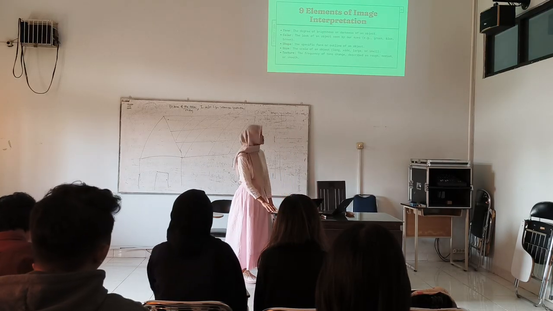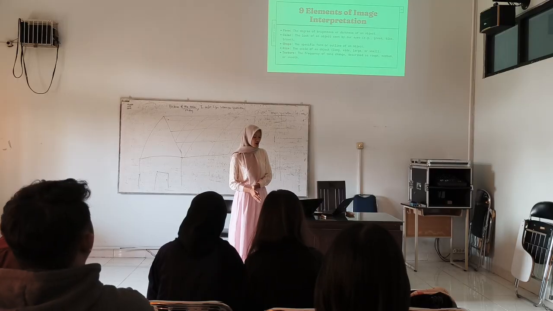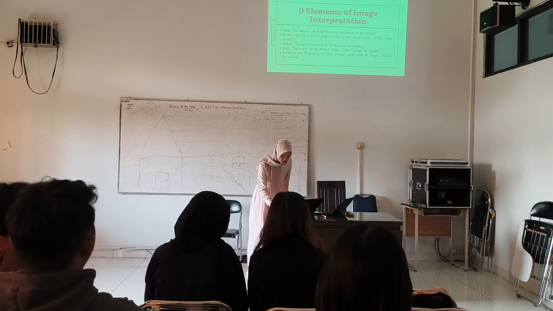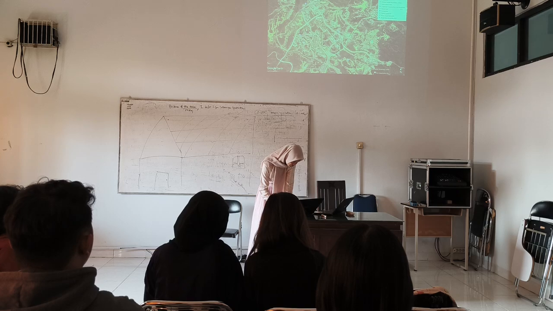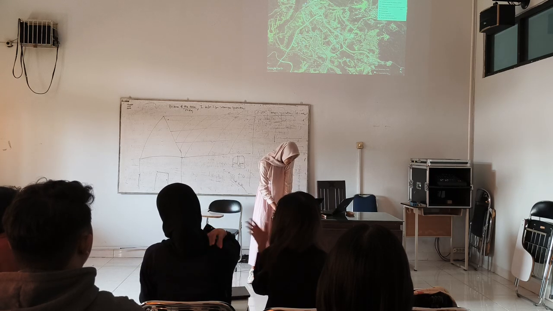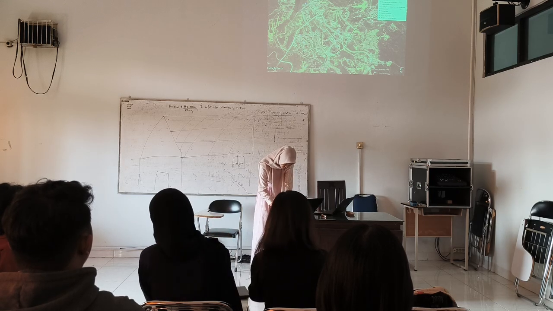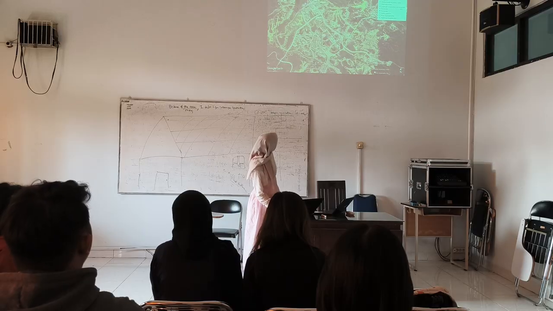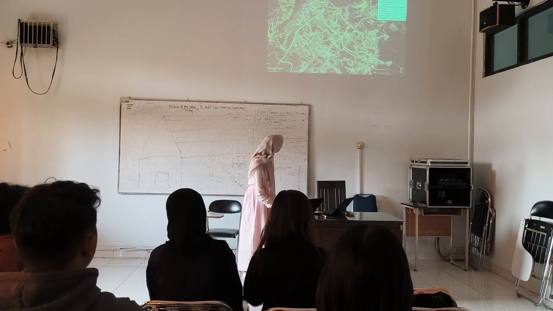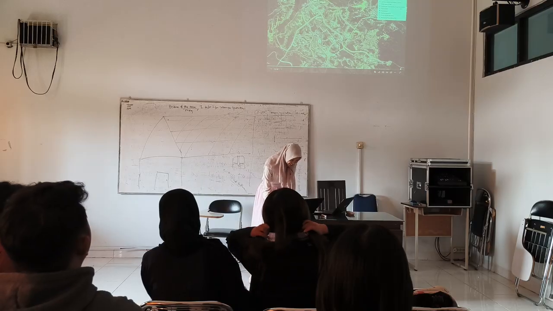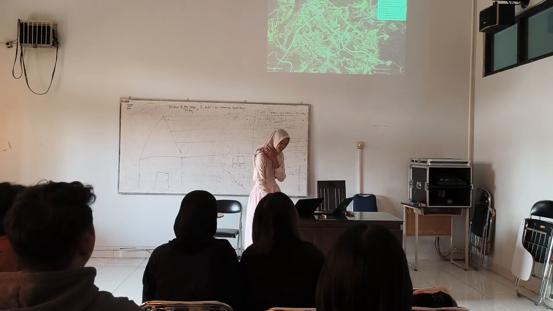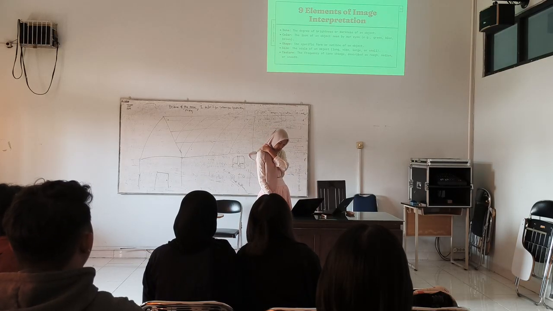And then the next element is shape. It is the specific form or outline of an object. You can see the shape of the road here and the shape of the building here, right? Now, size.